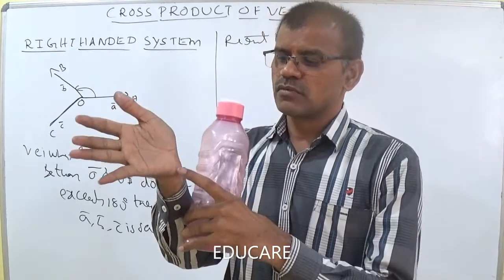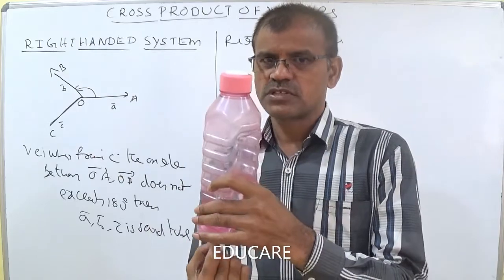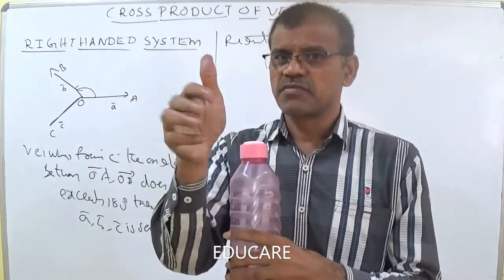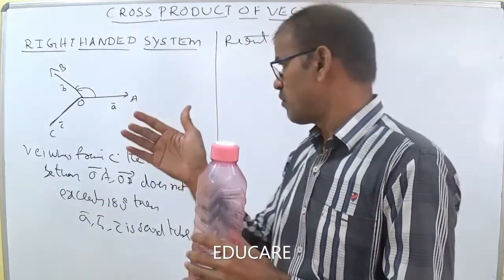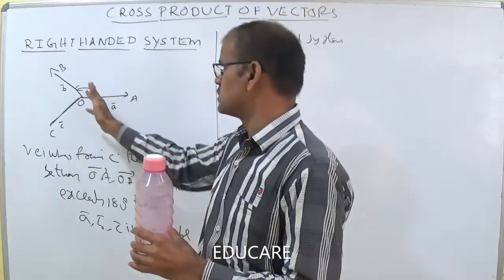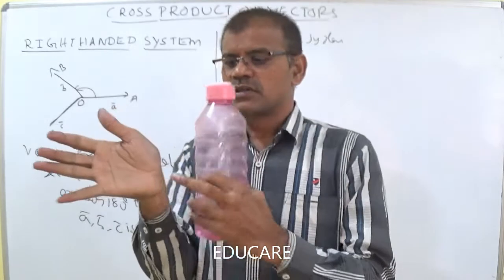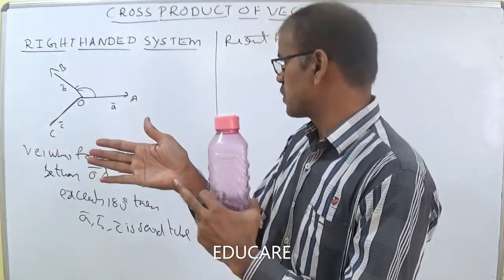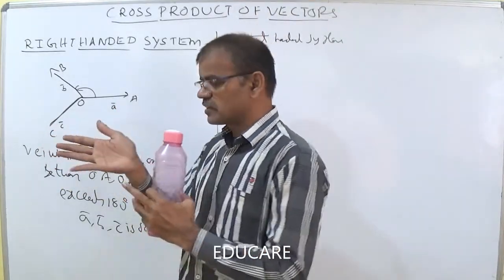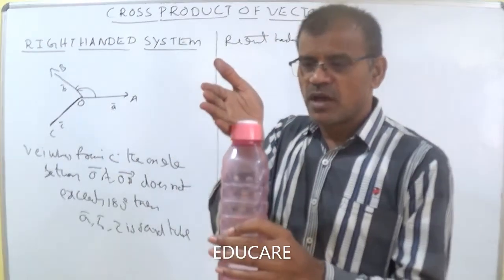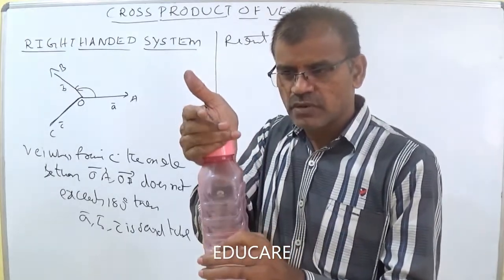This is the origin. This is C, and the direction is upward. Viewing from C, this is B, upwards. This is A. Here I am opening the cap like this.